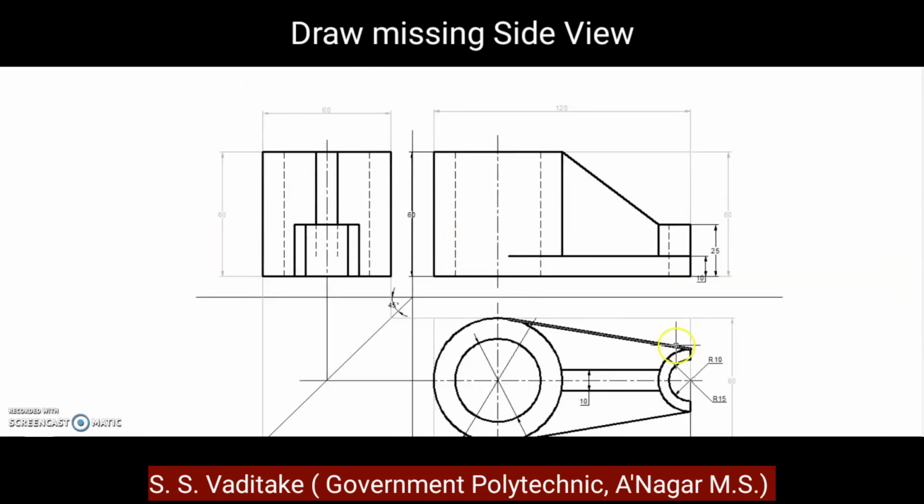Now we have to show this portion of a rib having height of a 10 millimeter. So take the projections from this line and draw the rib bottom plate in side view up to this edge only.